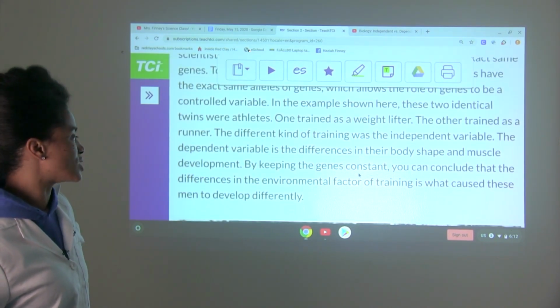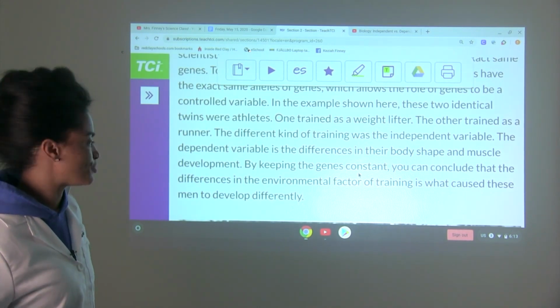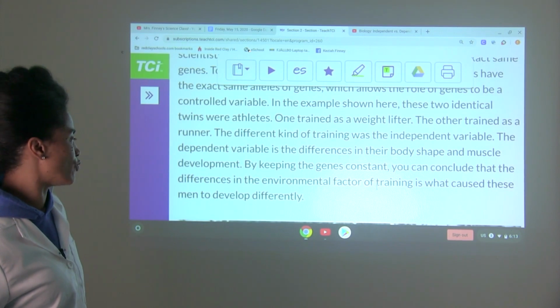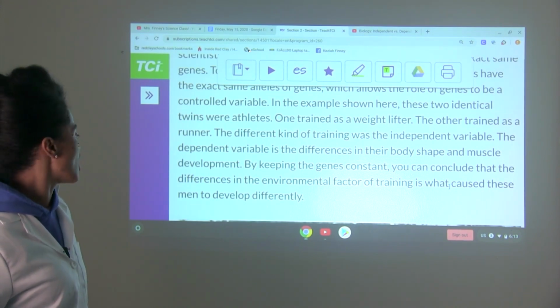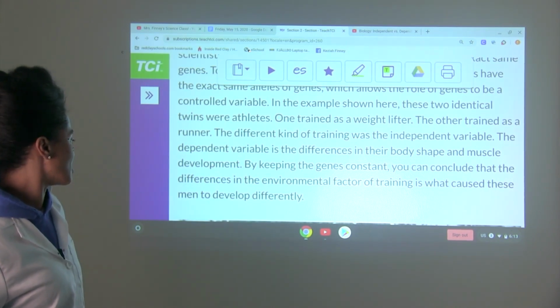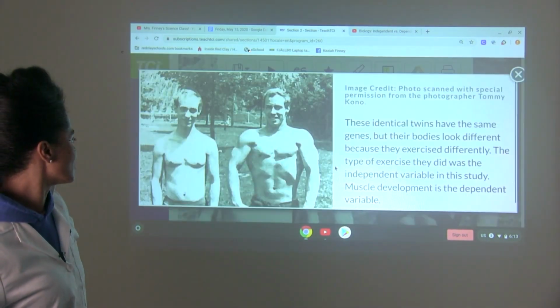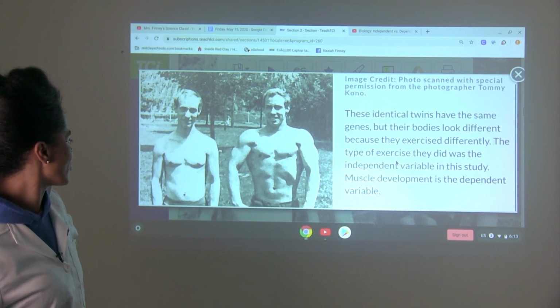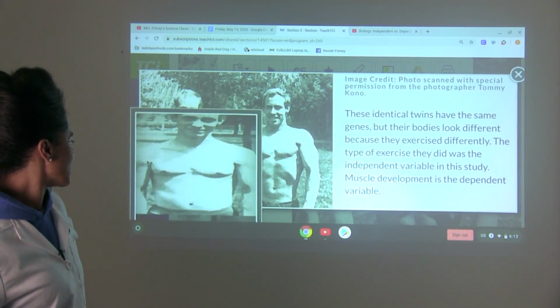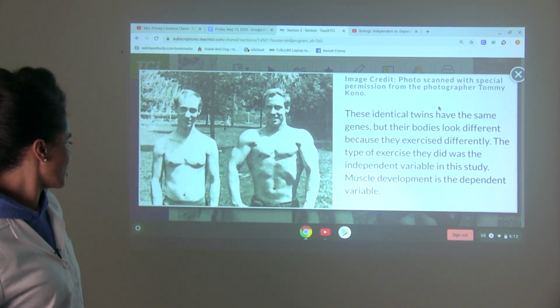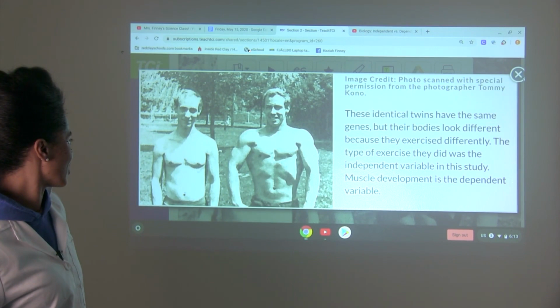By keeping the genes constant, because they're twins, you can conclude that the differences in the environmental factor of training is what caused these men to develop differently. All right? Okay, so one did one type of activity and the other did another type of activity, and they ended up with different muscle development. All right?